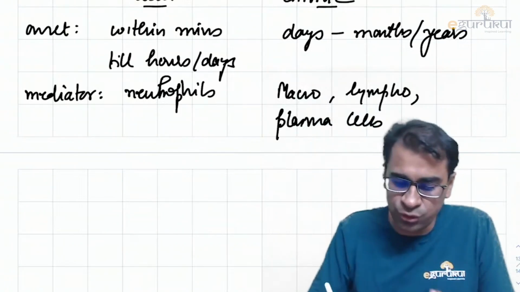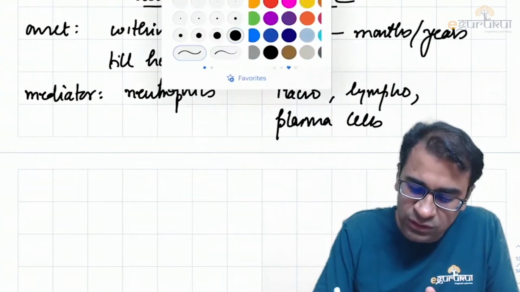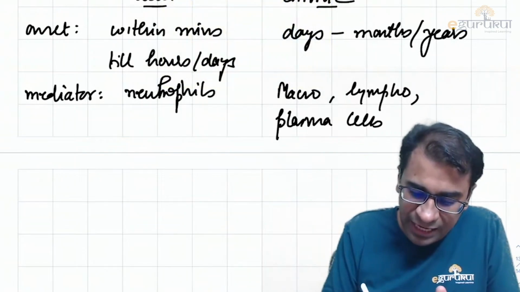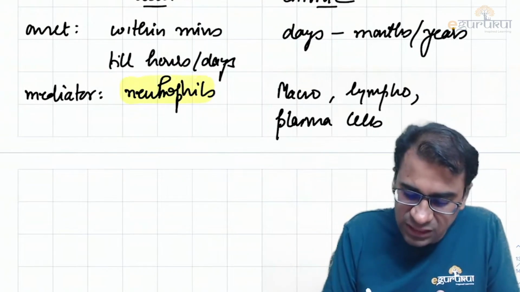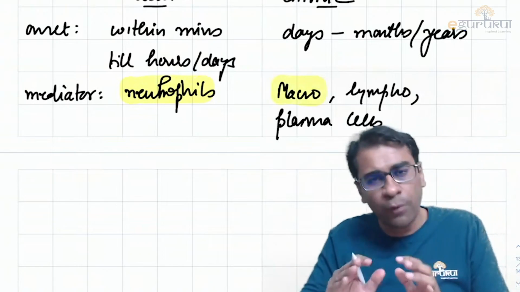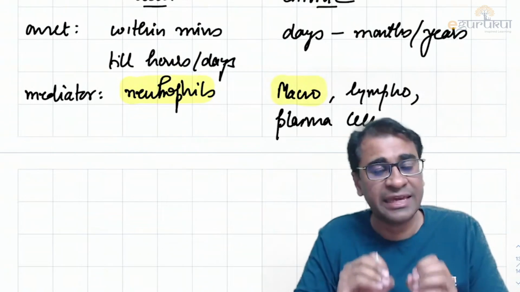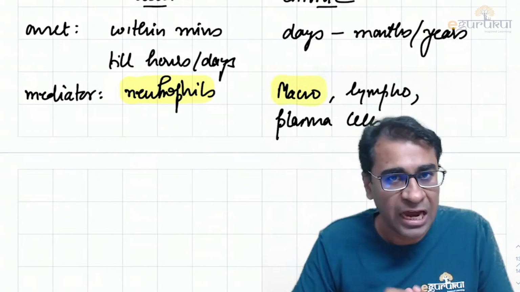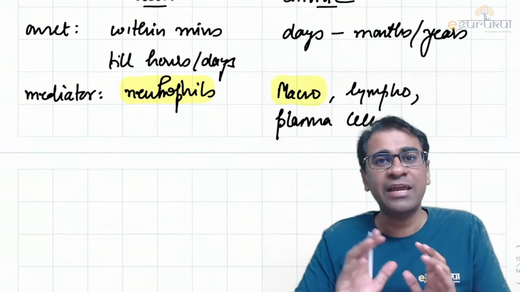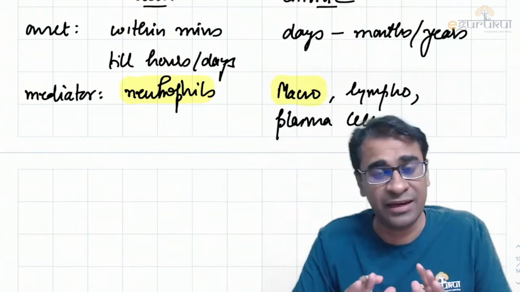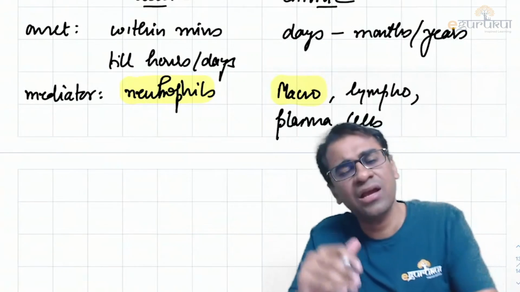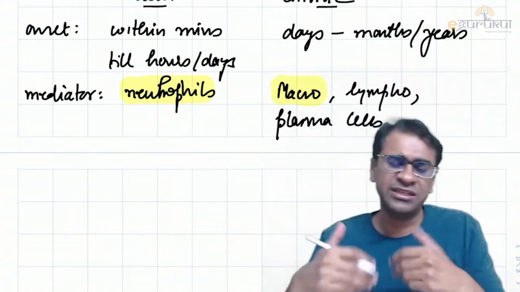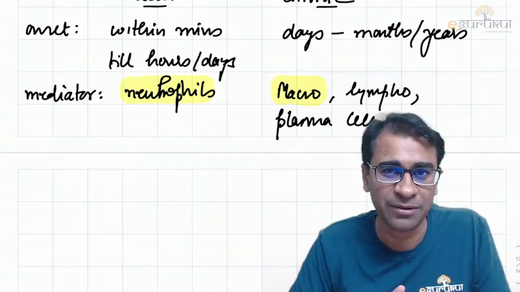Whenever a question is asked on acute inflammation, always answer neutrophils, and for chronic, always answer macrophage, without thinking any further. That should be very clear in your mind. Why and how, we'll talk a lot about in this chapter. That is what we have to study in this chapter.